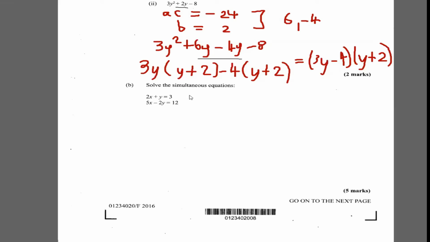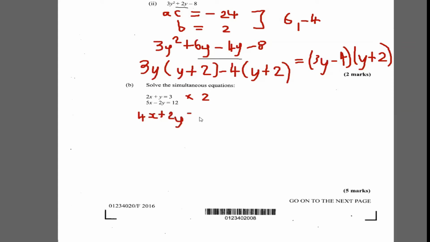If we multiply the first equation by 2, what you get is 2 times 2x, which is 4x, plus 2 times y, which is 2y, equal to 2 times 3, which is 6.